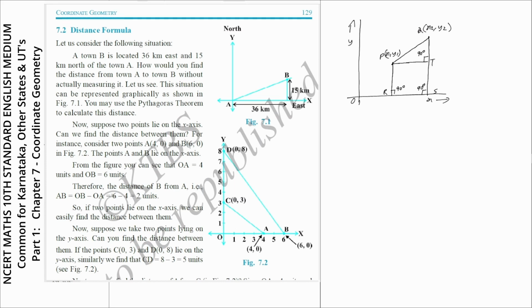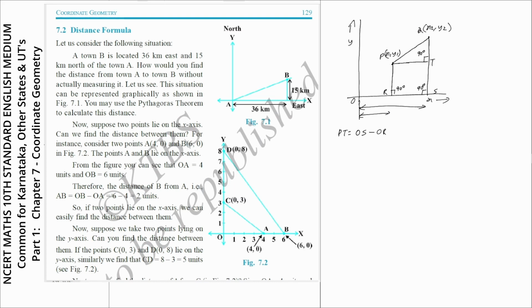Now what is the length of PT? The length of PT is equal to the length of OS minus the length of OR.